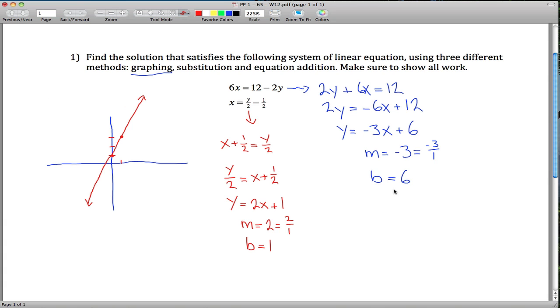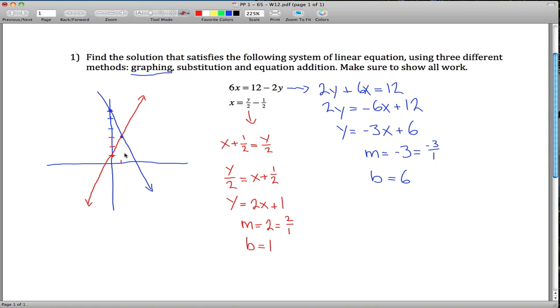Maybe I'll graph this line in blue. Now we've got our y-intercept, b is 6. So 1, 2, 3, 4, 5, 6. And that tells us we can put a point right here. And our slope is -3, so we want to go down 3 over 1. So from here, down 1, 2, 3, and over 1. And sure enough, it looks like we land on that same point.